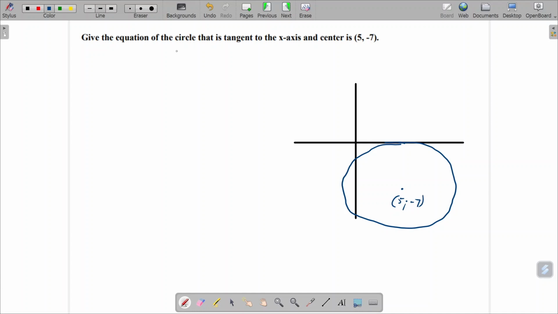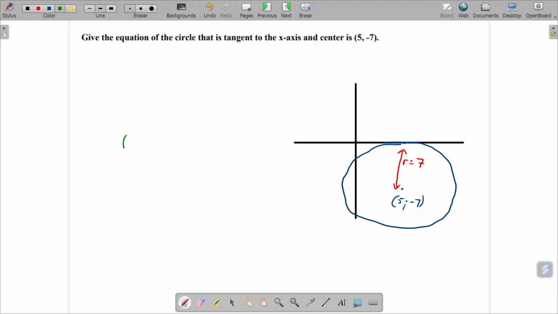Having drawn this and given it some thought, we hopefully realize that if the circle is tangent to the x-axis, the radius is 7. Even though the value here is -7, the length of the line to the x-axis is 7. And so, having done the diagram, we have now made the sum pretty much the same as the two on the previous page.